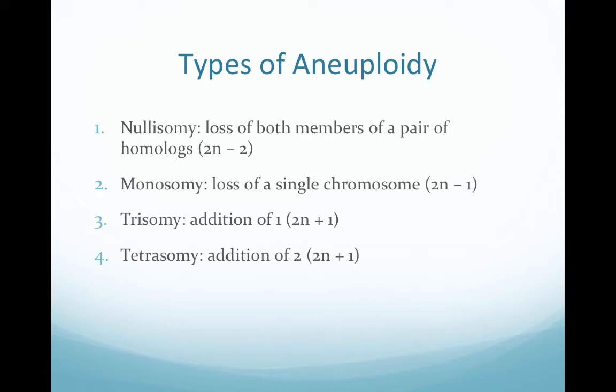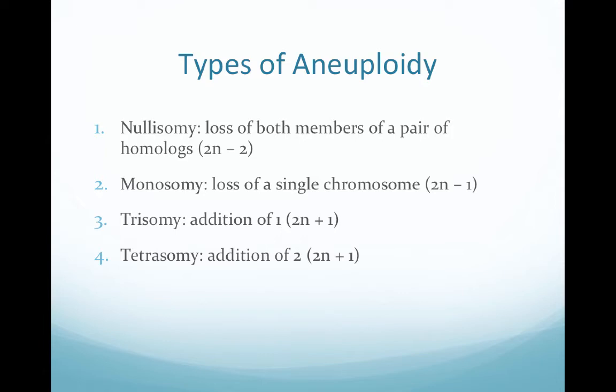The second type of aneuploidy is monosomy, and that's just what we saw in non-disjunction. This is where we see a loss of a single chromosome, so our normal diploid cell is going to be losing one copy of one chromosome. Then we can also see trisomy, where we switch gears and have an addition of genetic material.